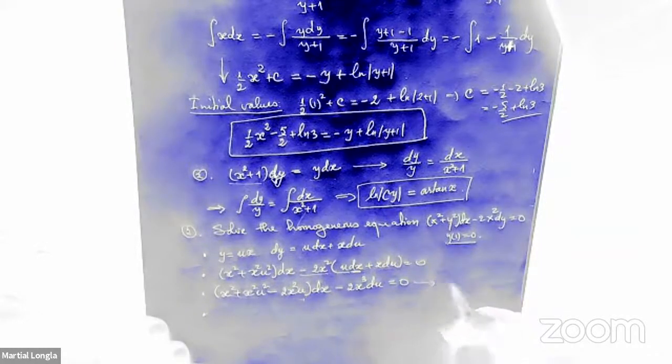When you do so, what you get is (1 minus 2u plus u squared) dx equals 2x du, because you divide the whole thing by x squared. And therefore now you can separate the variables.